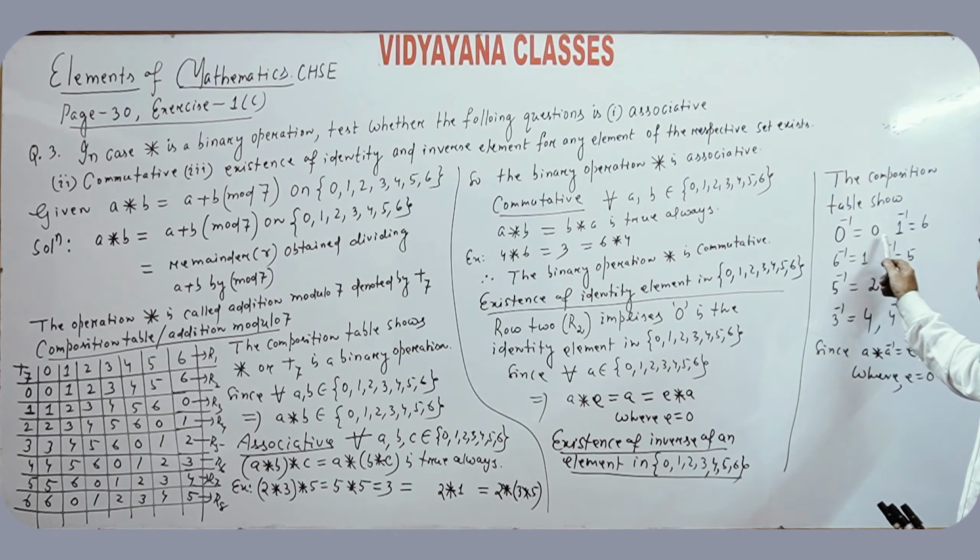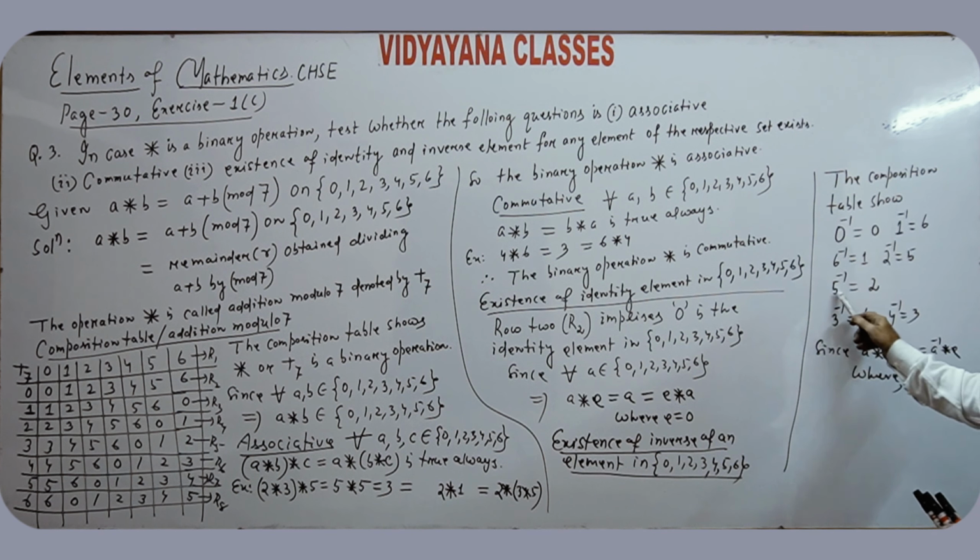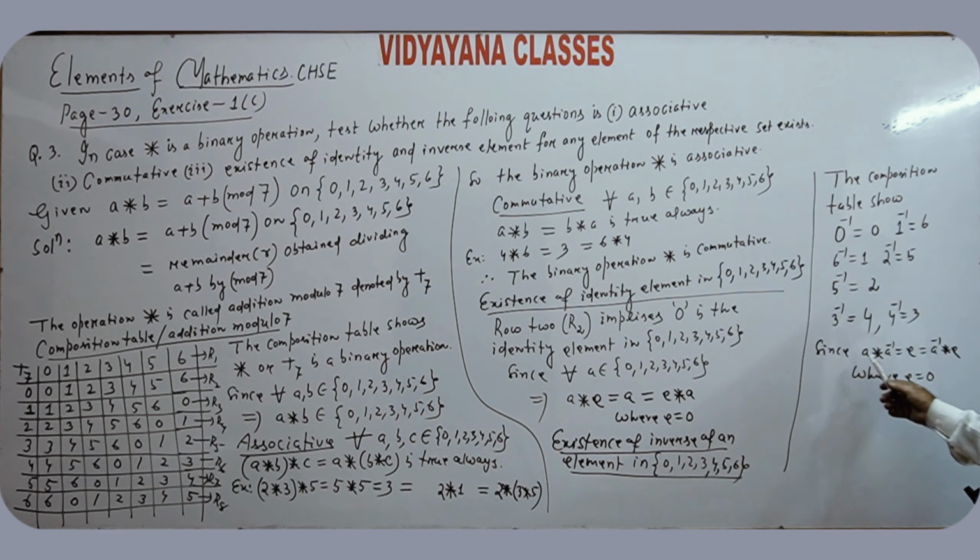So the inverse of 0 is equal to 0, inverse of 1 is equal to 6, inverse of 6 is equal to 1, inverse of 2 is equal to 5, inverse of 5 is equal to 2, inverse of 3 is equal to 4, inverse of 4 is equal to 3. The above results imply A star A inverse is equal to E, where E is equal to 0.